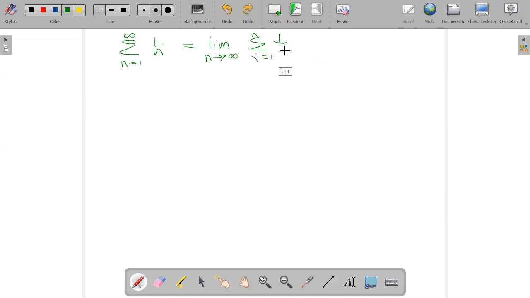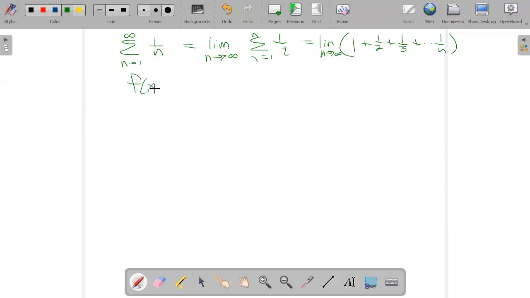In other words, I have 1 plus 1/2 plus 1/3 all the way up to 1 over n, and I'm looking at the limit of that as n goes to infinity.